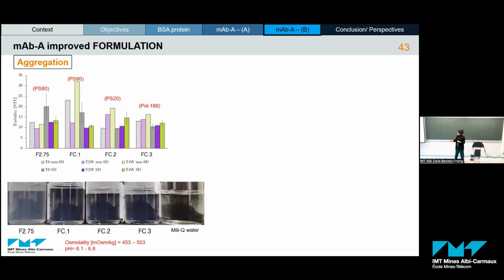In the images below, we have the reconstituted solutions, and to the left, we have the reference formulation, which has the lower concentration of the surfactant. These 3 formulations in the middle correspond to the increased concentration, and we can already see a reduction in the opalescence present in the first formulation. For comparison, to the right, we have milky water.